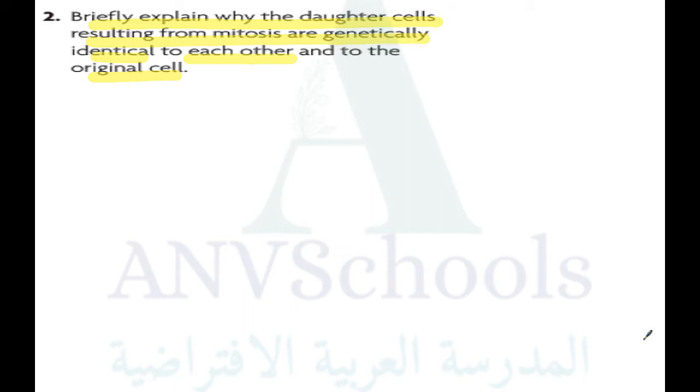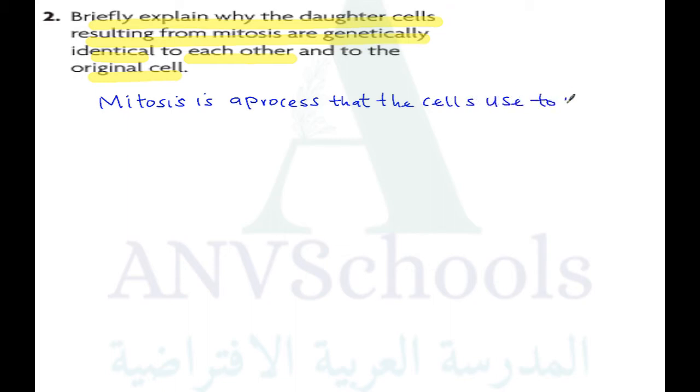Mitosis is the process that eukaryotes use to make exact copies. Mitosis is a process that the cells use to make exact copies of their cells.